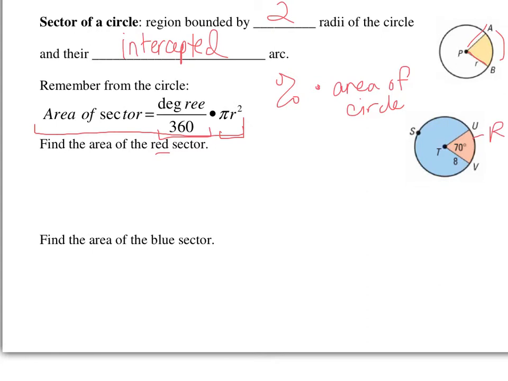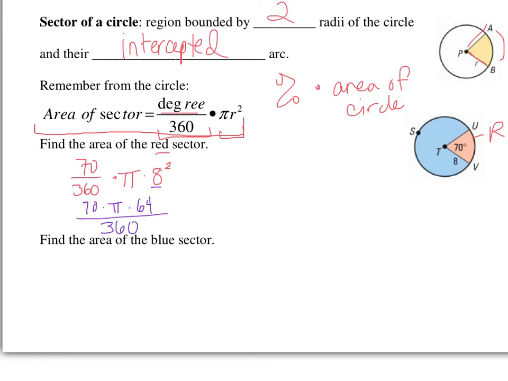So I'm taking my degree first, so that would be my 70, divided by 360 always, so that's my percentage, times pi r squared, so pi times 8 squared. And what I usually am going to do first is simplify this first, so I have 70 times pi times 64 all on top, all divided by 360.